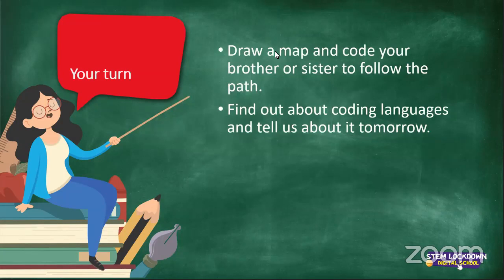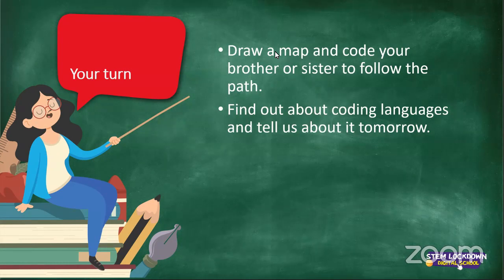Okay, so now your homework for tomorrow. The first thing is you need to draw a map and you need to code your brother or sister to follow the path. For example, just as you drew the map of the route from the chair to the fridge, you are also going to draw a map from your room maybe to somewhere, and then ask your brother or sister, or do it yourself, to follow the route.